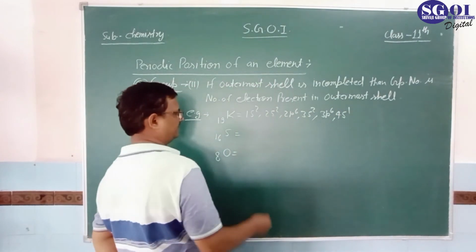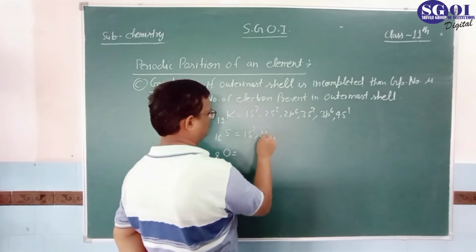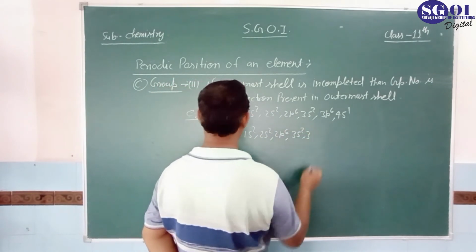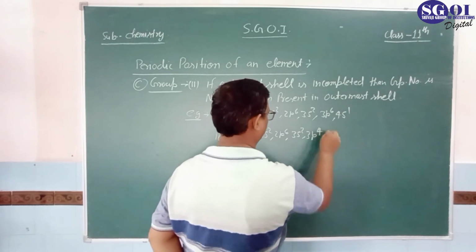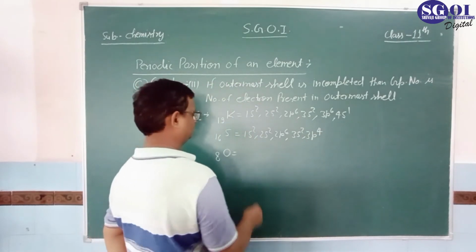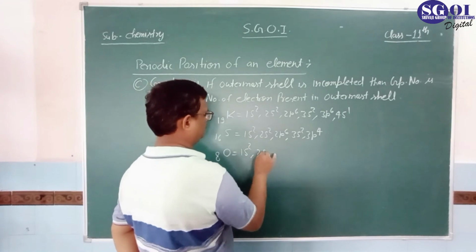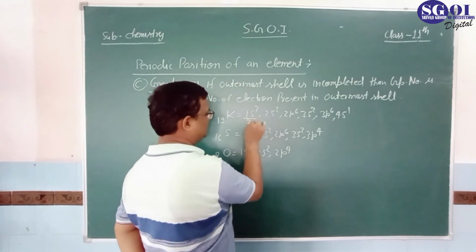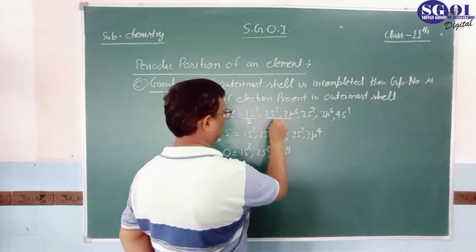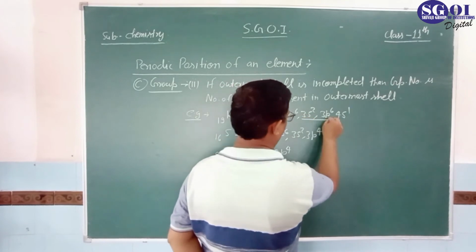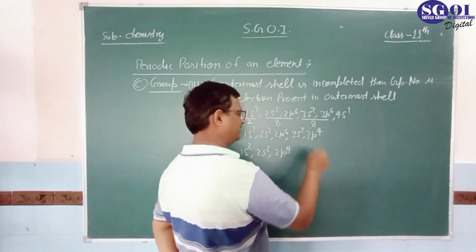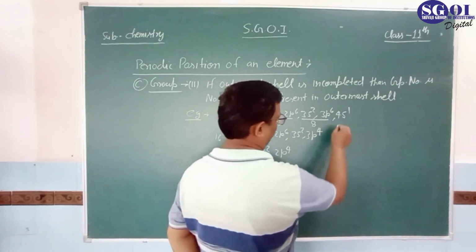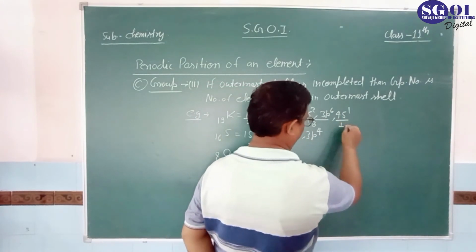Okay, 1s2, 2s2, 2p6, 3s2, 3p4. 1s2, 2s2, 2p4. First shell is completed, second is also completed, third one is also completed. It has a maximum of 18, but it contains 8 electrons. This one is completed, but the last shell is containing 1 electron.